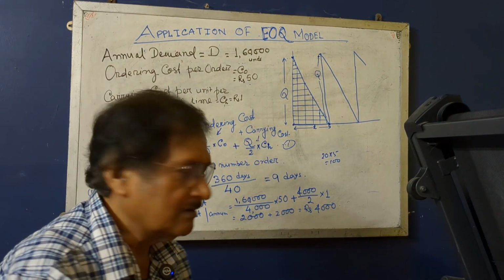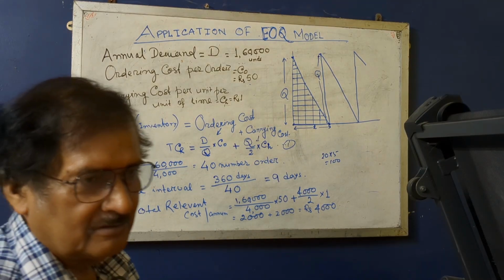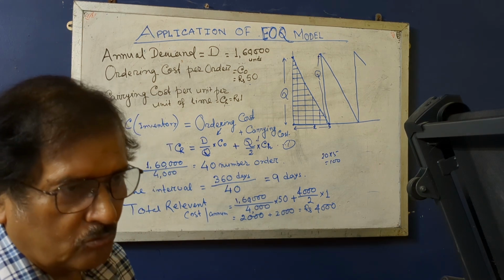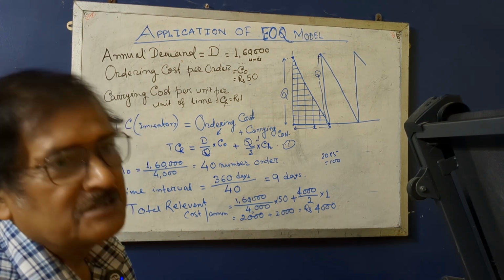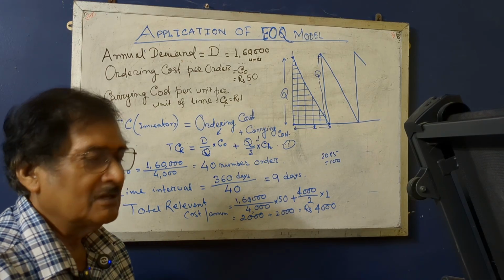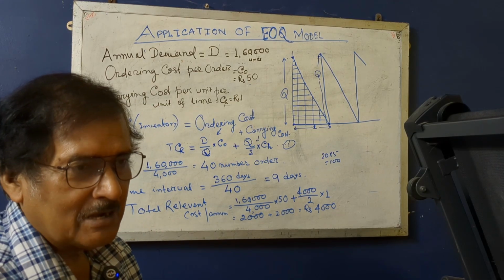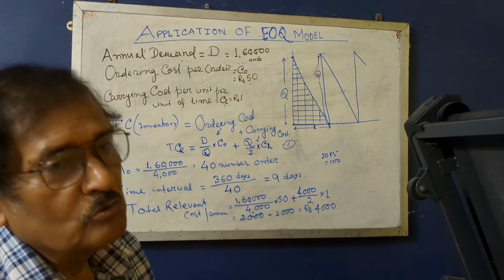Now, another thing, sir, you are telling the cost per unit is fixed. But in practice, if you purchase more, then some reduction or some discount will be given. Then what you will do? That is a different inventory model, called the discounted price EOQ model.